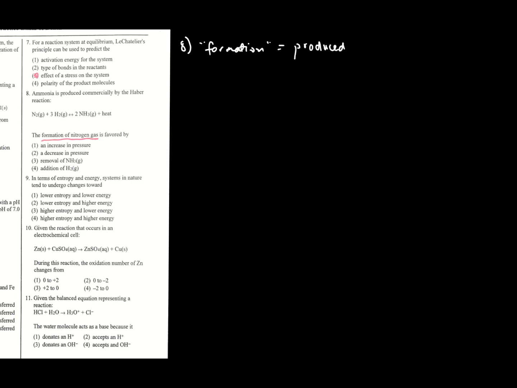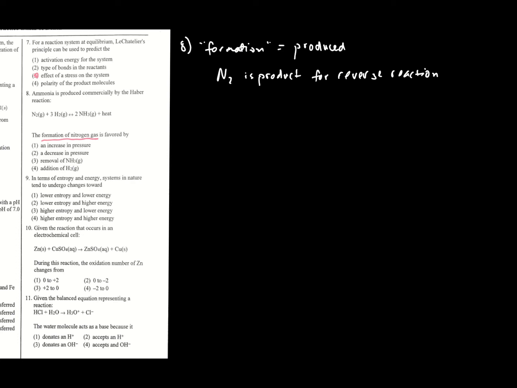So we're looking for where NH3 or nitrogen gas is being produced. So in that case, N2 is a product for the reverse reaction, or the left shift. So for this question, we need to look for which stress will cause a left shift.